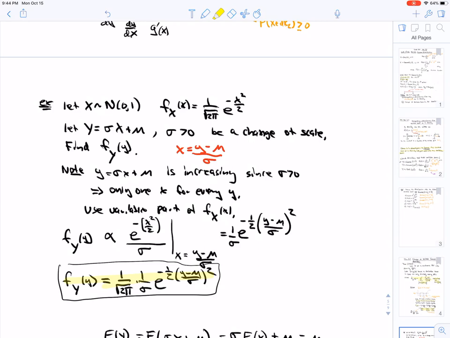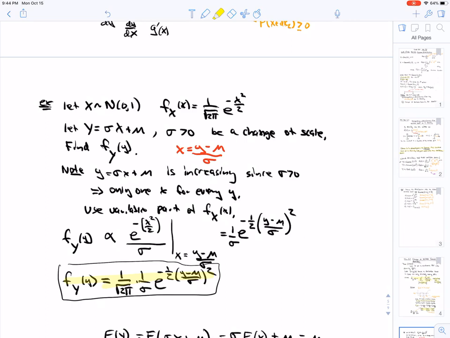So on the numerator I have the variable part of the normal density divided by the derivative of sigma x plus mu, which is just sigma. Now evaluated at, so now I'm going to write x in terms of y. So x is y minus mu over sigma. So I'm going to substitute this now in for x.